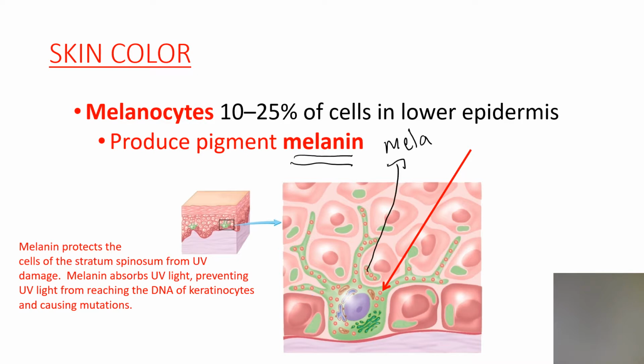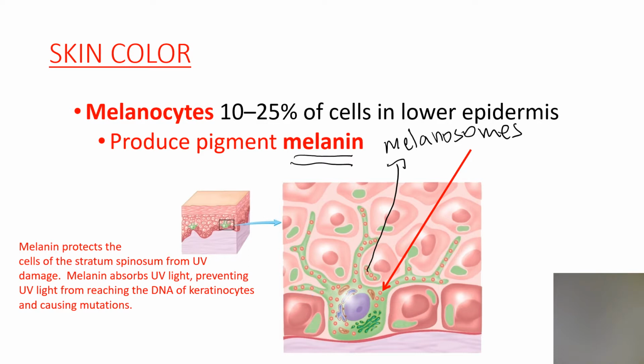Melanosomes are released into the superficial strata, the stratum spinosum. And melanosomes then position themselves above the nuclei of the cells in the stratum spinosum, the keratinocytes.